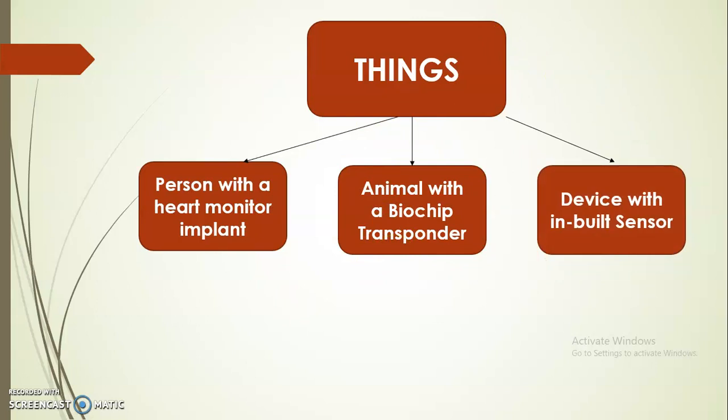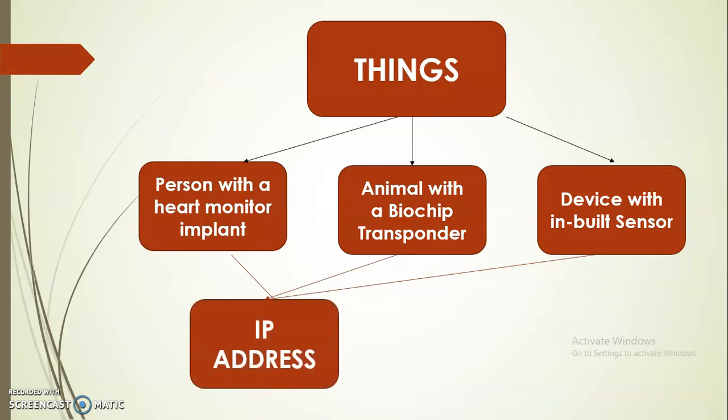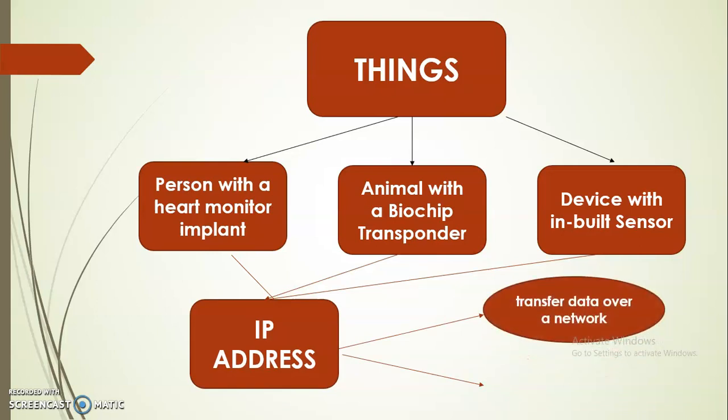Next, it could be an object with an inbuilt sensor. So each of these, that is a person, animal, or object, can have a unique IP address. And using this IP address, we can transfer the data over a network. Otherwise, we can analyze and control the remote device.